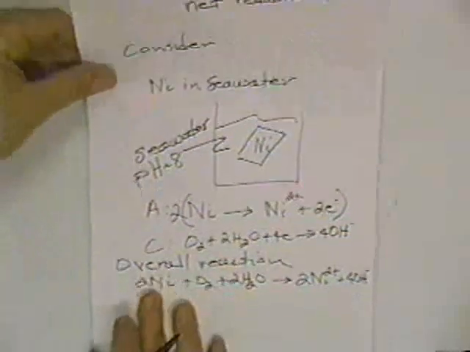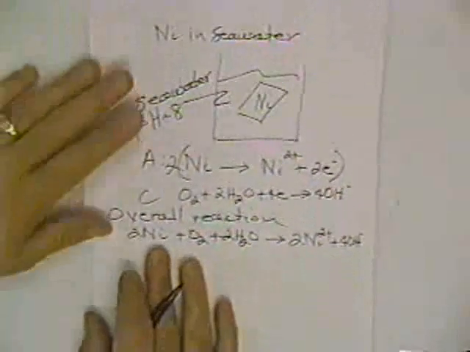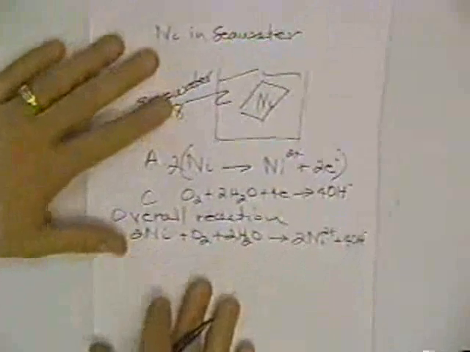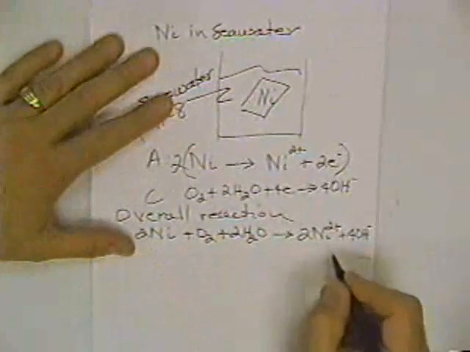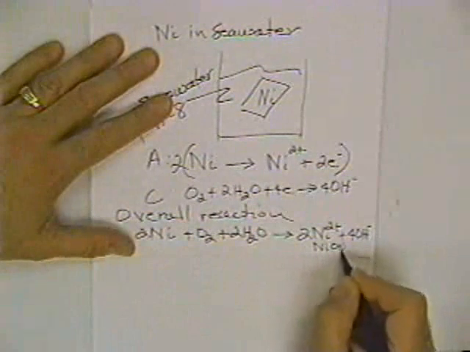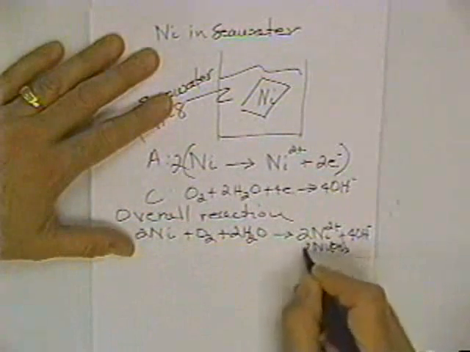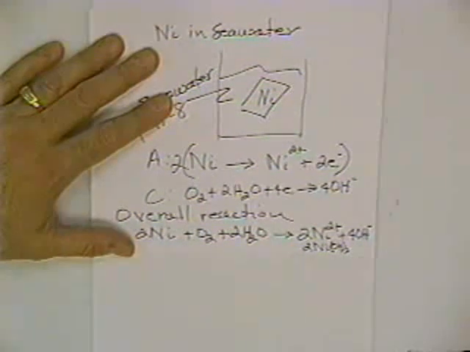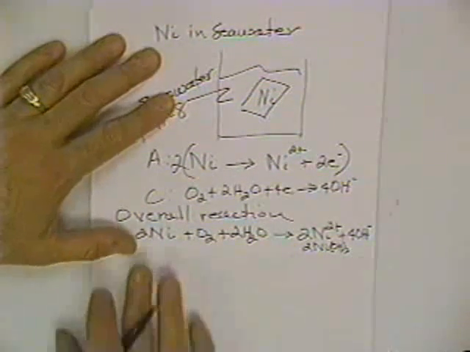And the hydroxide often will precipitate, so it would certainly be okay to write this in the following way: 2 Ni(OH)2. Often the hydroxides will precipitate.